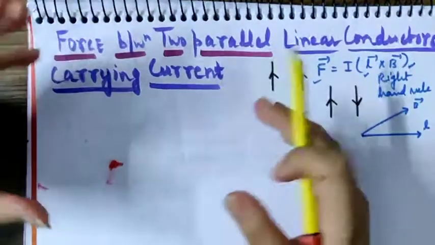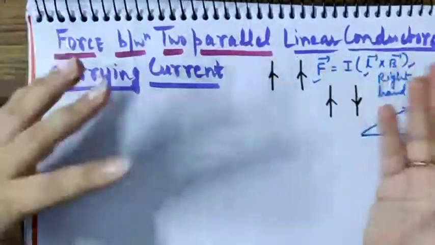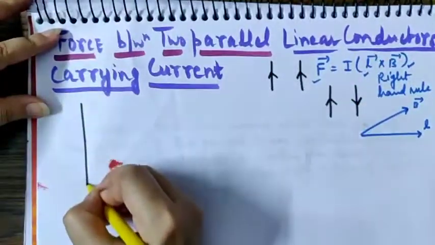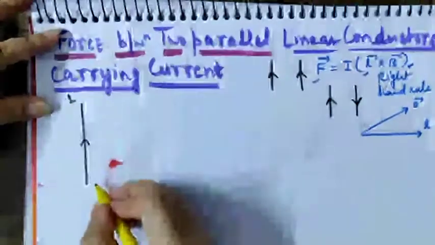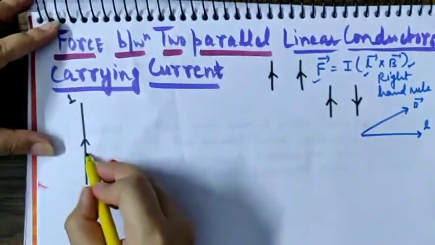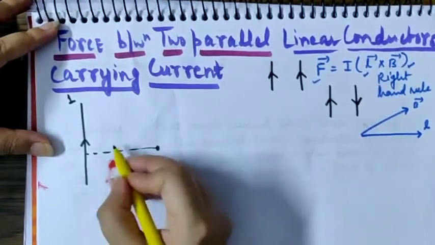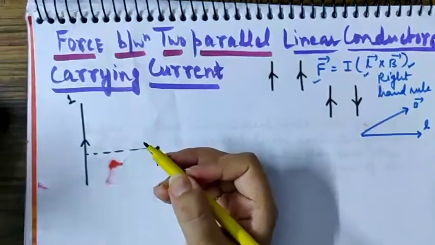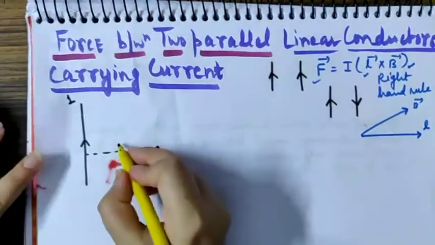In this topic we'll suppose the first wire comes first and after some time the second wire is kept parallel to it. Suppose this is the first wire, and you can name it 1. At any point P from the wire, the distance of this point P from the wire can be supposed to be A or R, whatever is convenient.